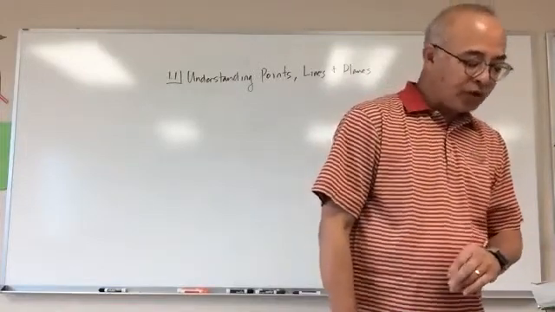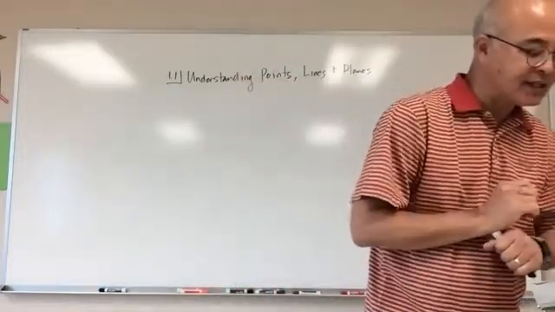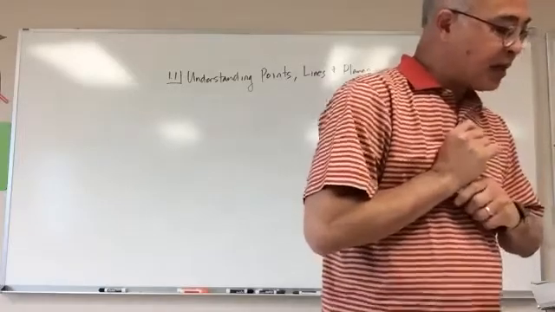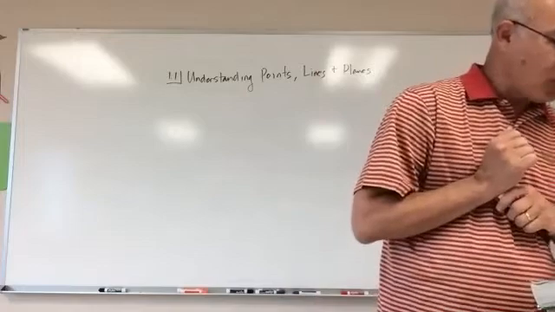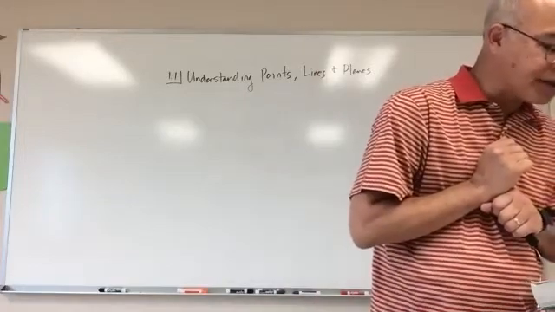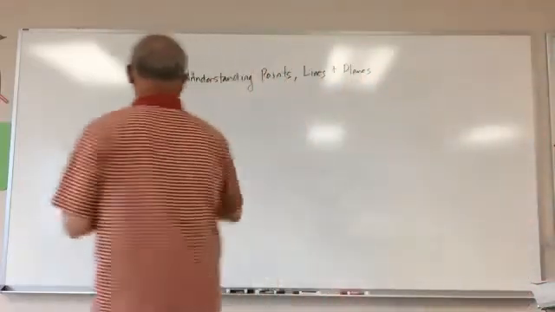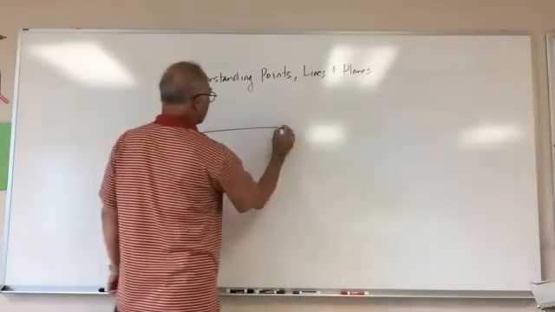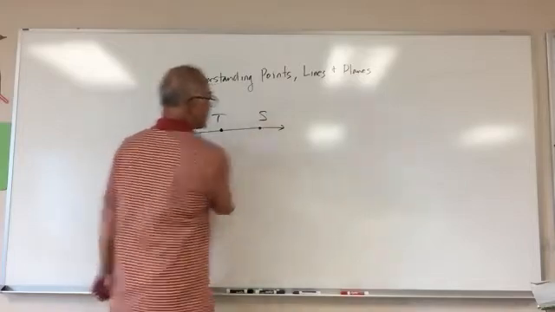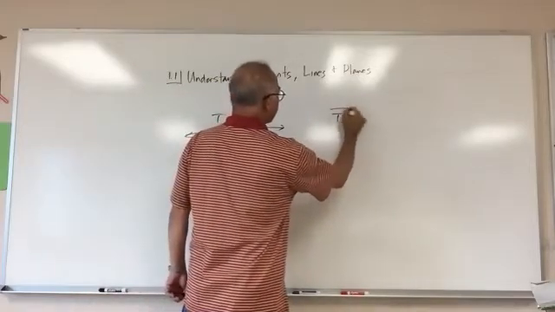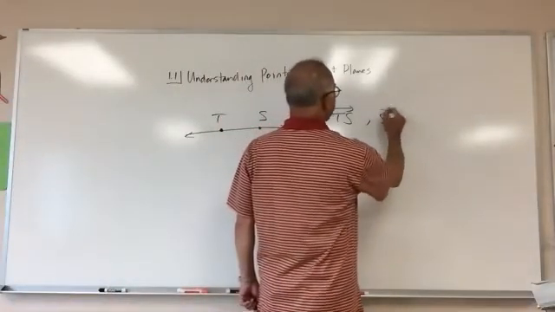Moving on to top of page 7. Top of page 7, it says segments and rays. Segment. A segment or line segment is part of a line consisting of 2 points and all points between them. So earlier, when we had T and S, we said that the line is this, or it was this.